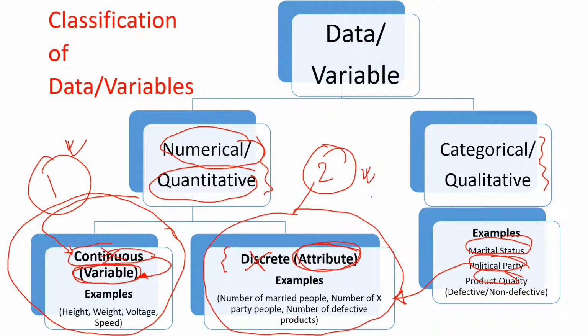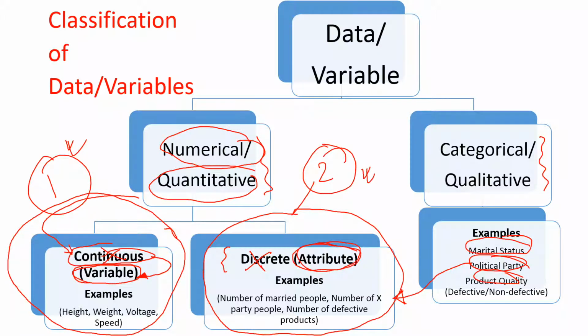Something continuously changed, we call that variable, and something discretely changed, we call that attribute. So you do control chart for variables and control chart for attributes, depending on the data type. As a quality engineer or quality control person, if you're doing control chart, the whole world simply can be divided into two, variables and attributes.